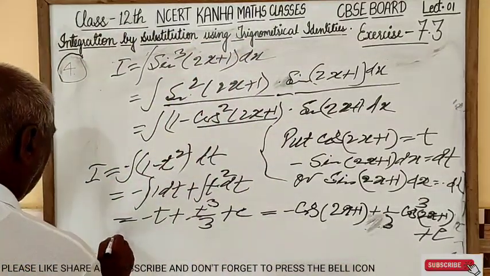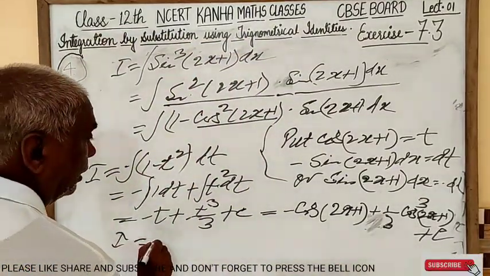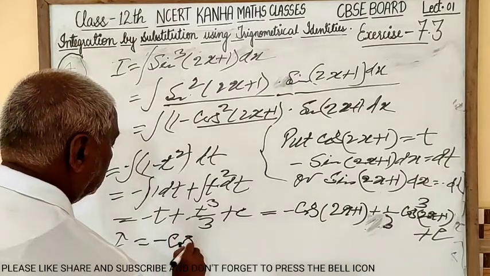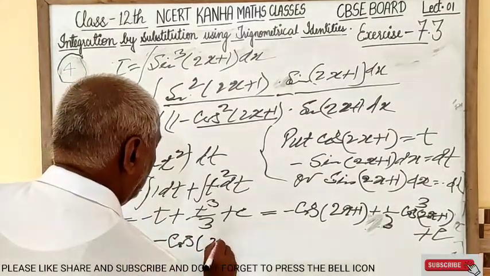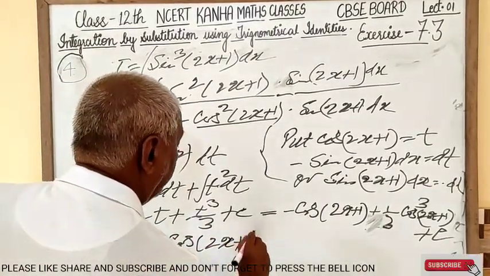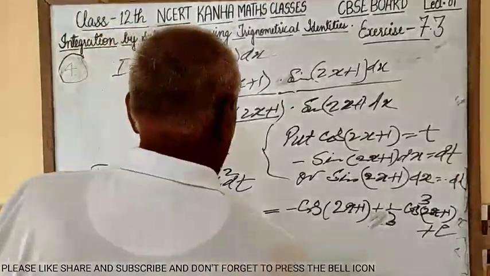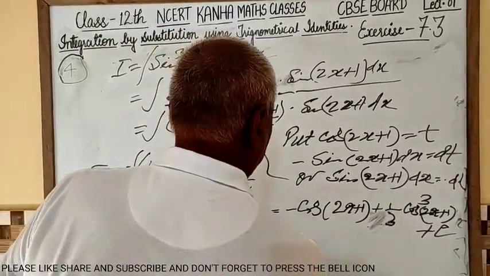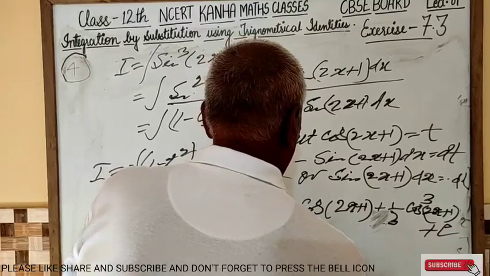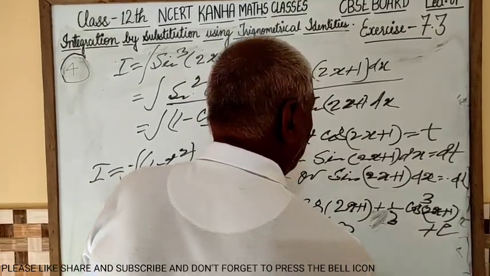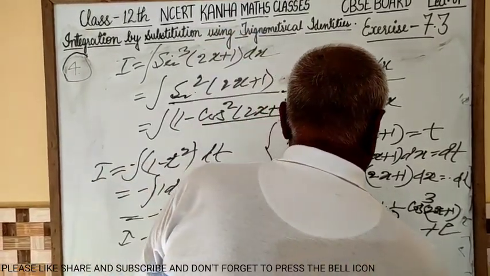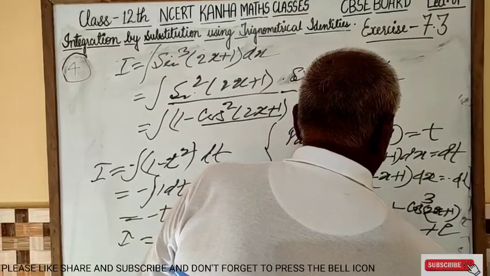We may write it in a fresh way: minus cos(2x plus 1) plus 1 by 3 cos cube (2x plus 1) plus c.